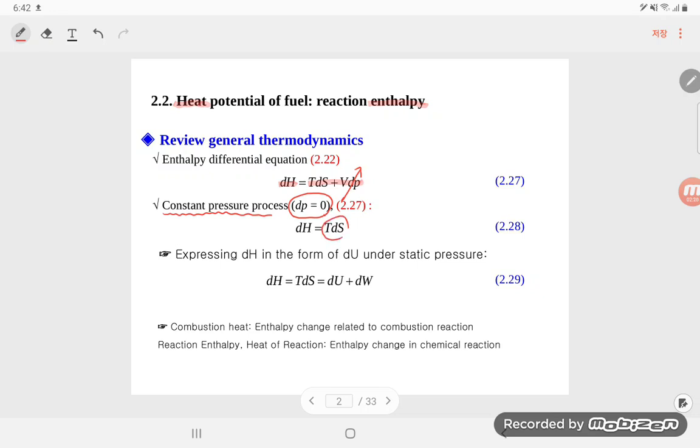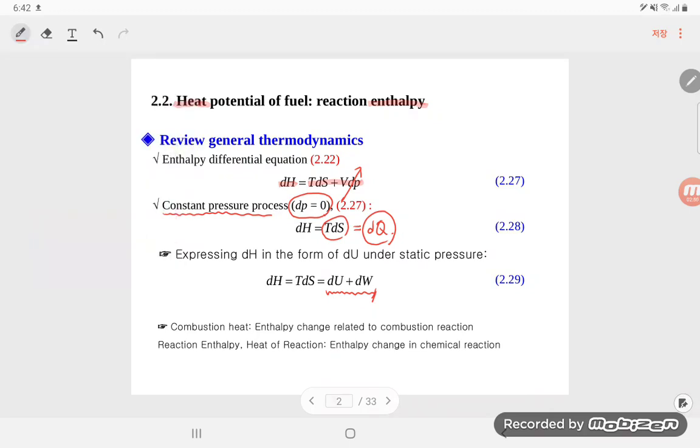What is TdS? TdS is delta Q. So it means the heat of the reaction is the same as the change of the enthalpy in the chemical reaction. Also, dQ equals dU plus dW.